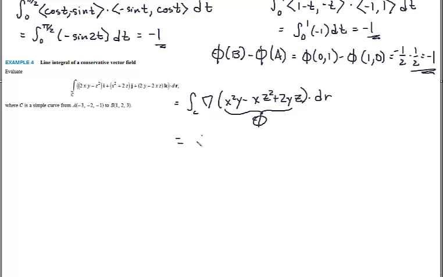That means that I have phi of 1, 2, 3 minus phi of -3, -2, -1, and that computation will yield 16.